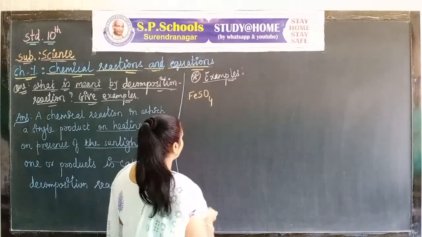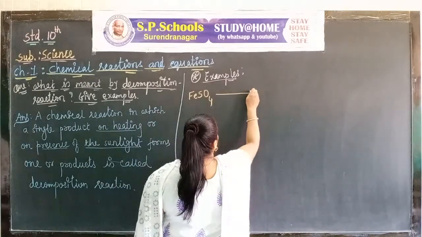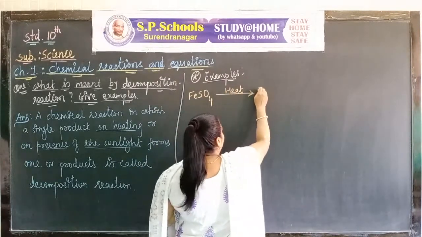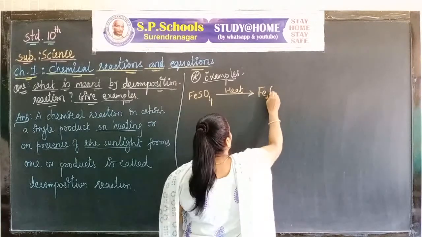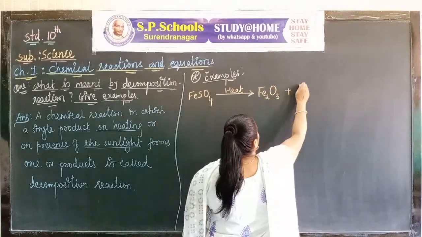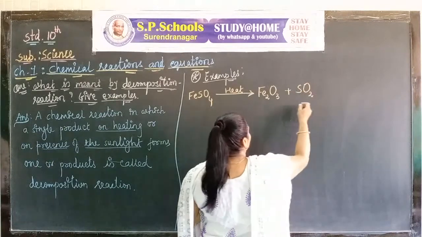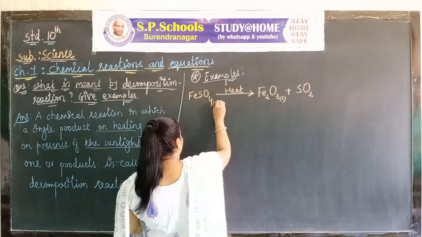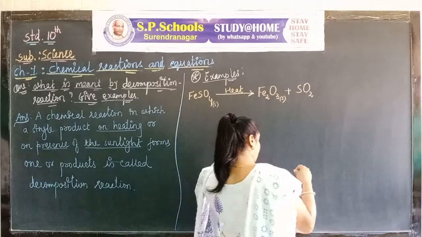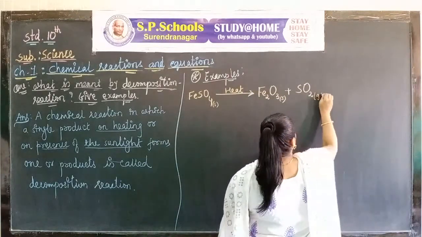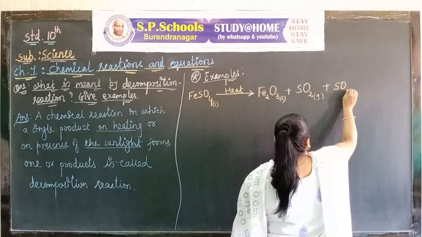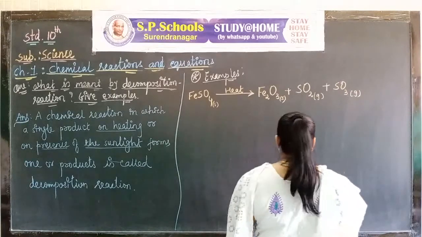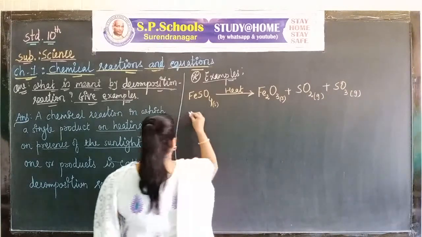After heating it, it gives ferric oxide and two gases, SO2 and SO3. Ferric oxide is in solid state, and the two gases SO2 and SO3 are in gas form.